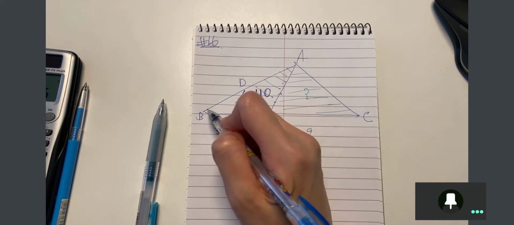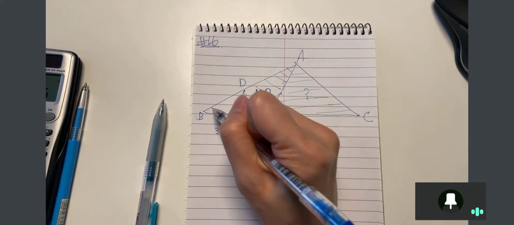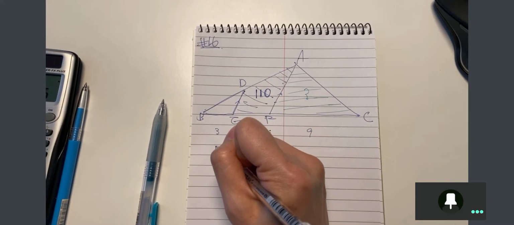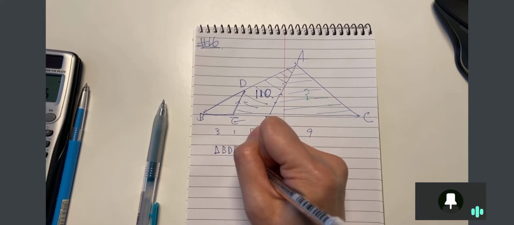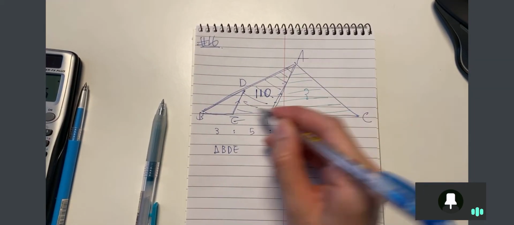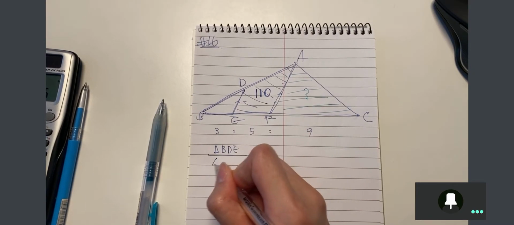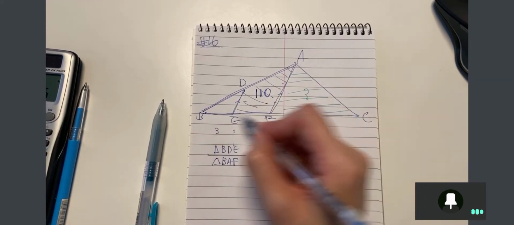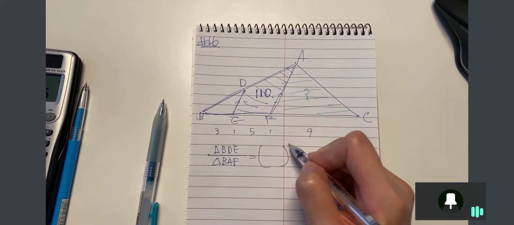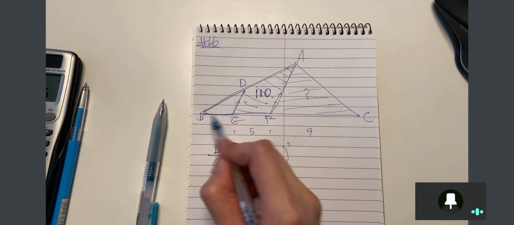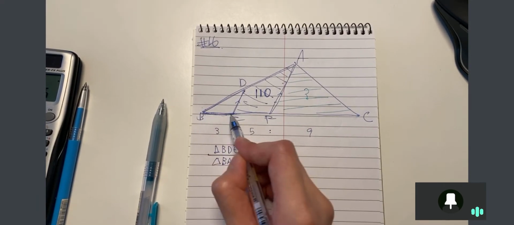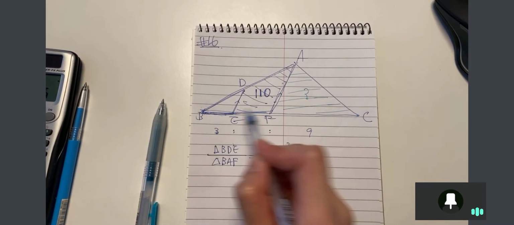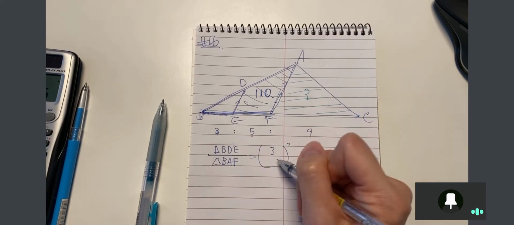So let's write down the area of BDE over the area of triangle BAF. This one is the small one, this one is the bigger one, and it equals their length ratio squared. This length is BE, which has a ratio 3, and the big one has a ratio 3 plus 5, which is 8.